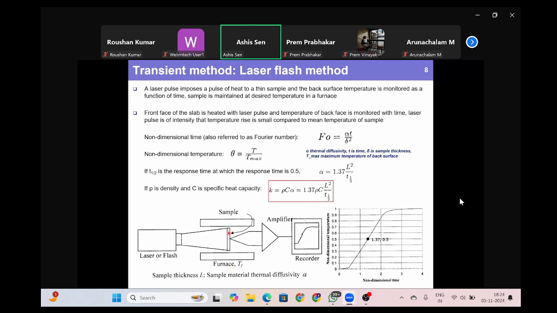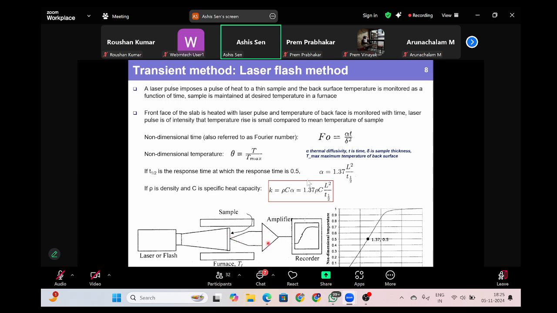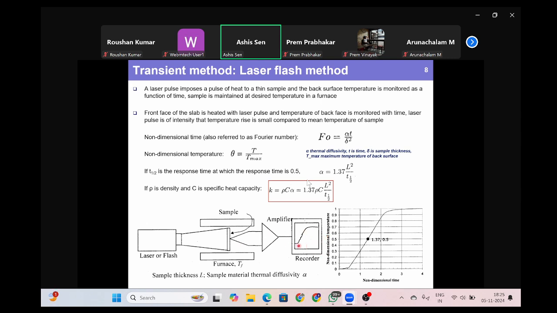The sample whose thermal conductivity you want to measure is typically brought in the form of a very thin, small sheet, and the sample is kept at a fixed temperature. You can put it inside a furnace-like environment whose temperature can be controlled at TF. And you are measuring the temperature using a thermocouple, and recording it here.